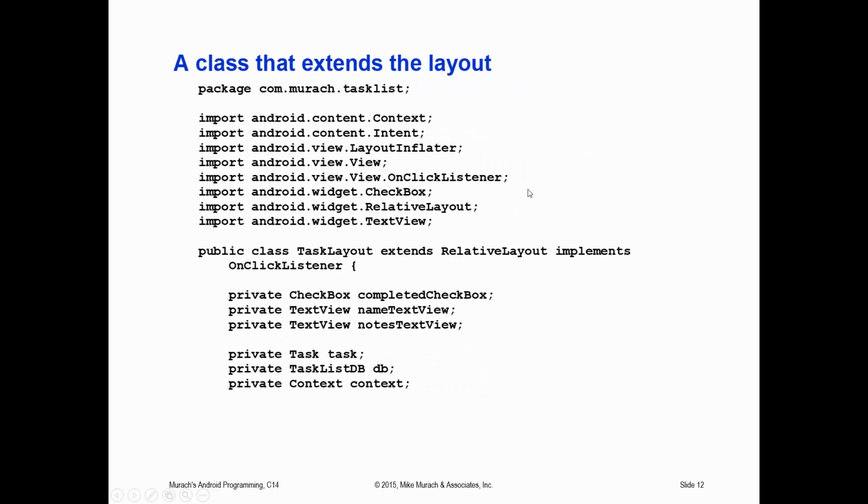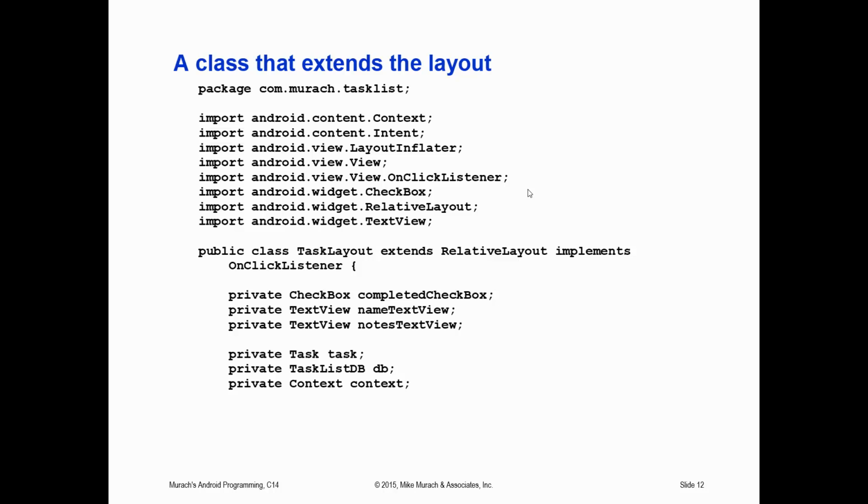So when the layout for a list view widget contains complex widgets, you code a class that extends the layout as shown in figure 14-5 on pages 444 and 445. This will allow you to display the widgets correctly and handle any events that occur on them.